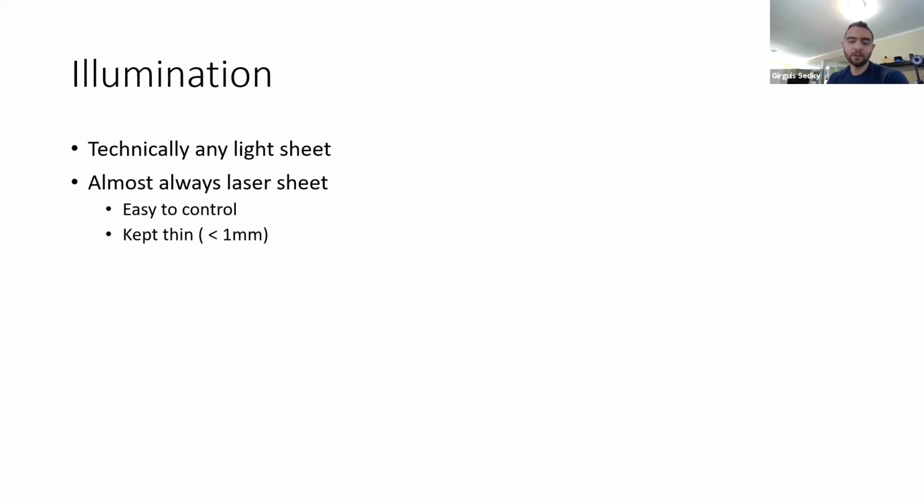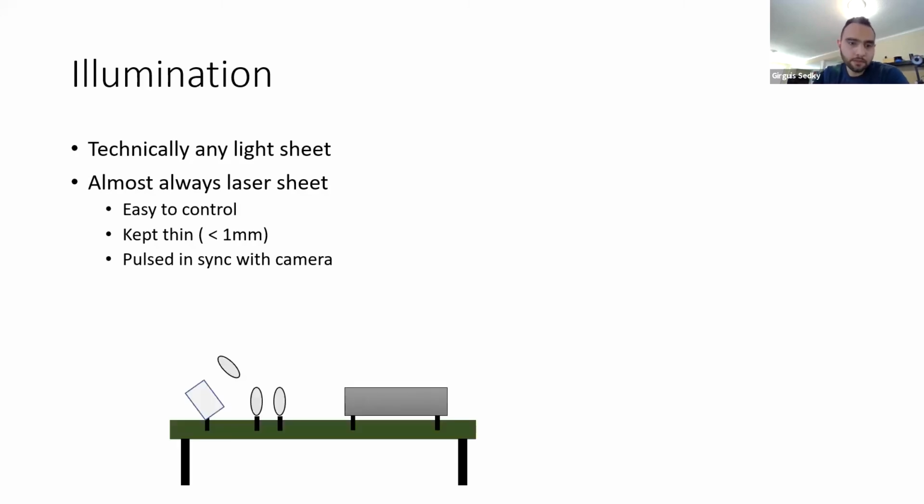So you're going to get spurious velocities that you're not interested in. And again, a laser can be easily pulsed. You can easily get really high frequency lasers, and you can control how fast they pulse, and you can also sync it with the camera. So these are the advantages of using a laser over, say, an LED source.